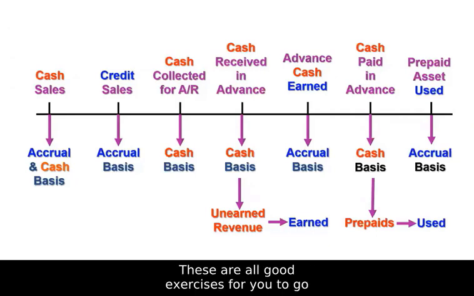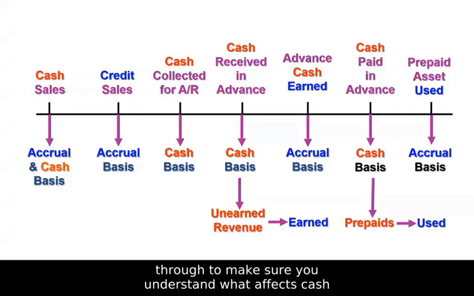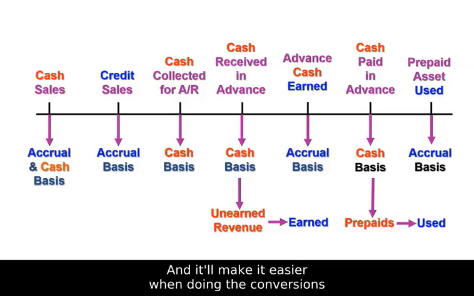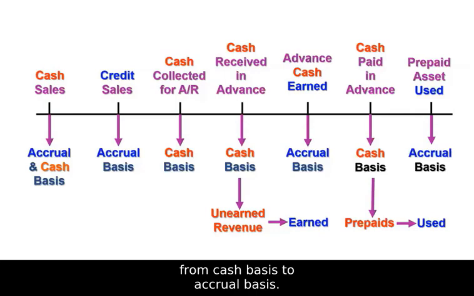These are all good exercises for you to go through to make sure you understand what affects cash basis and what affects accrual basis. And it'll make it easier when doing the conversions from cash basis to accrual basis.